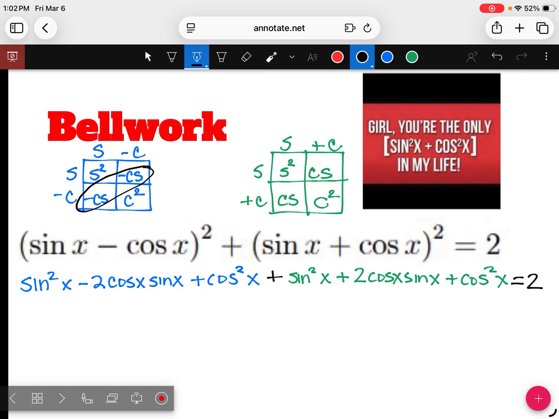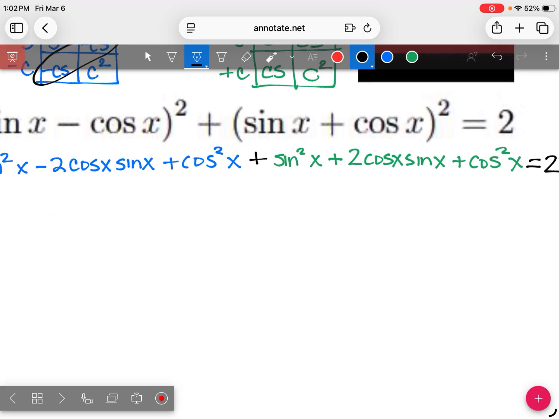Okay, so let's look at what we have. Any ideas? What can I do? First, you always want to look for things that can cancel. So you're going to look to see, is there anything I can cancel out?